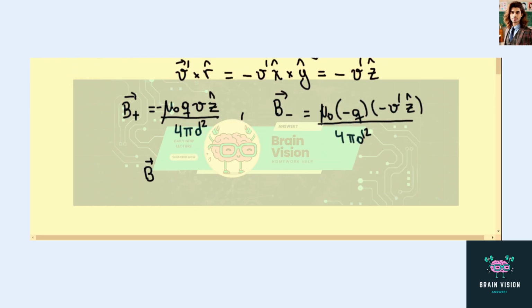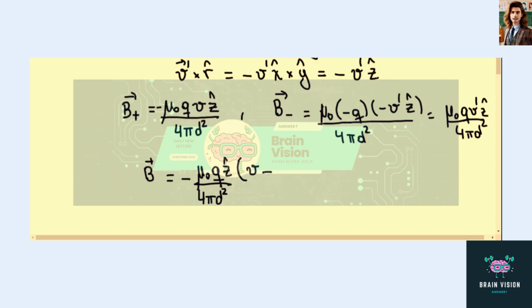This is equal, of course, to mu 0 q v prime z divided by 4 pi d squared. So the total value of B is equal to minus mu 0 q divided by 4 pi d squared z times v minus v prime.